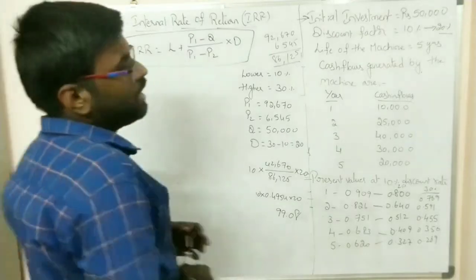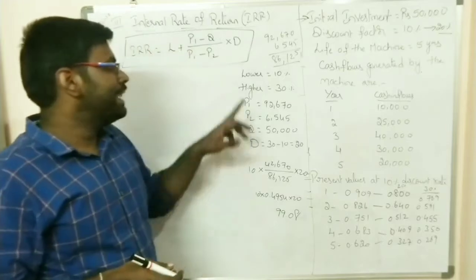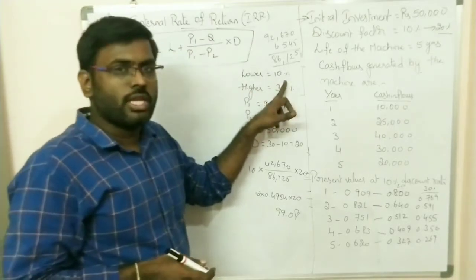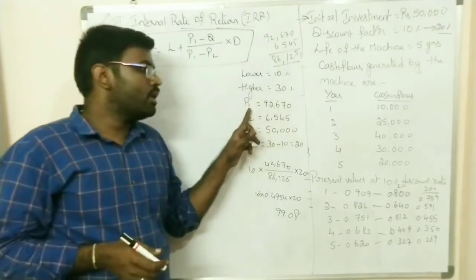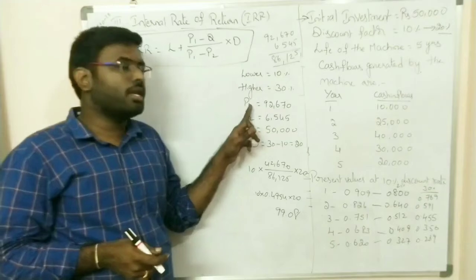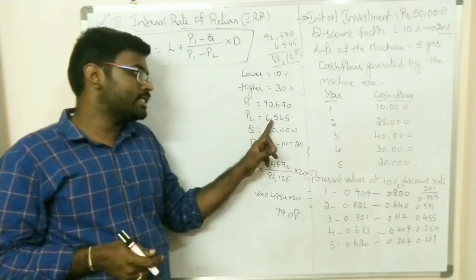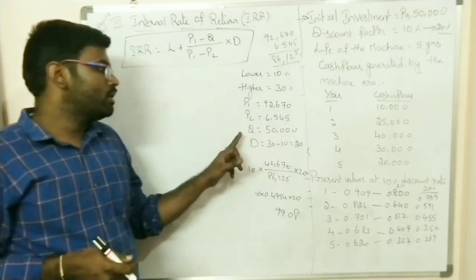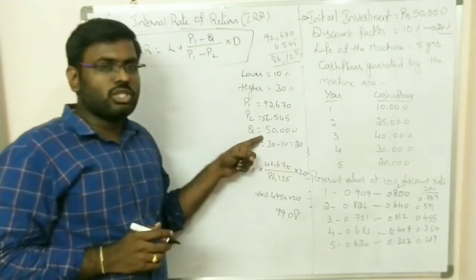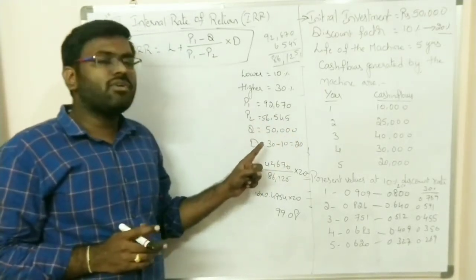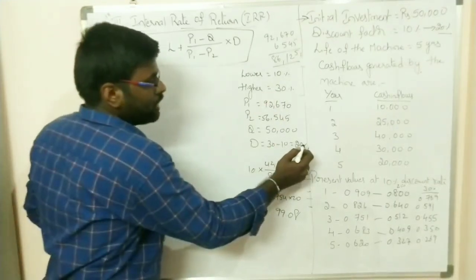So now we have seen the calculation of net present value at different discount rates. The lower rate at which we have calculated NPV is 10% and the higher rate is 30%. The present value of cash inflows at the lower rate is 92,670. The present value of cash inflows at the higher rate is 56,545. Q is the initial investment, 50,000, and D is the difference in rates, higher rate minus lower rate, that is 30% minus 10%, which is 20%.